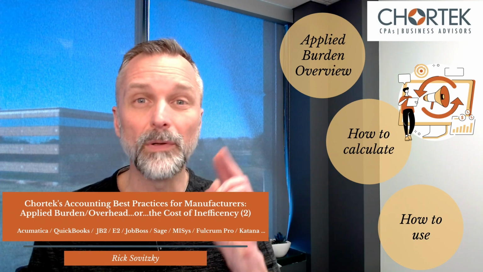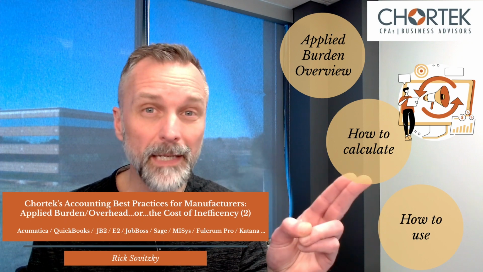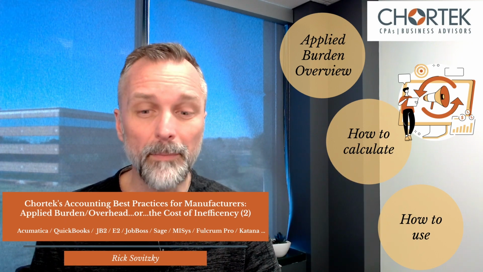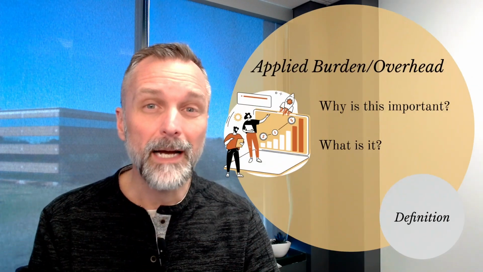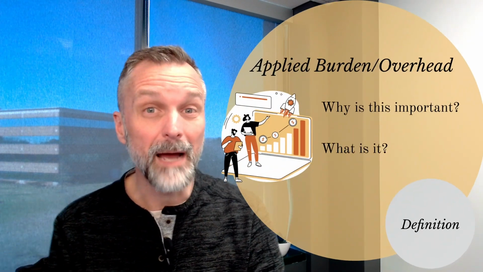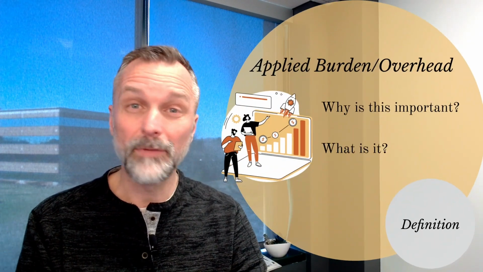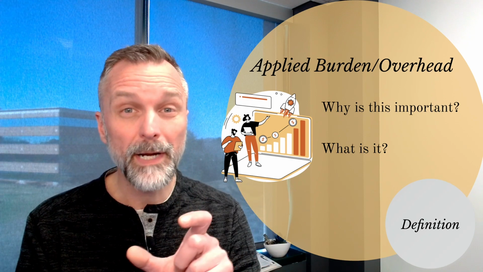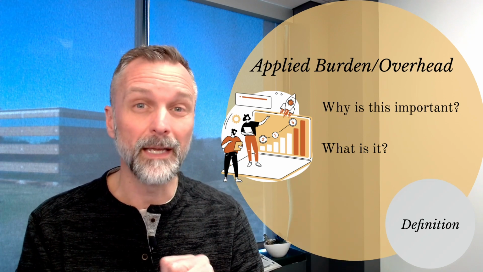So in this video, I'm going to give you an overview. I'm going to show you how to calculate it, and I'm going to show you how you can use it in your operations. Caveat, this is not a simple topic, and so I'm going to give you an overview. I'm going to use a few terms interchangeably. Overhead and burden, basically the same thing.